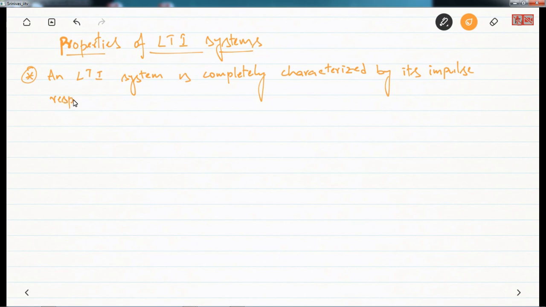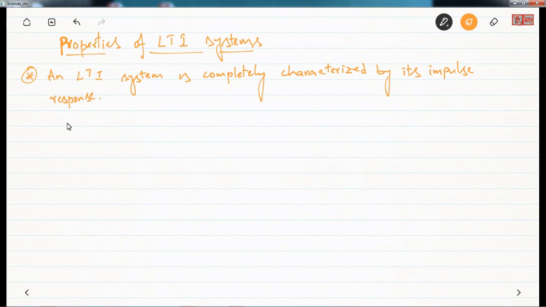It means that if somebody says their system is an LTI system, linear time invariant system, and if they give you the impulse response, that means you know everything about the system.